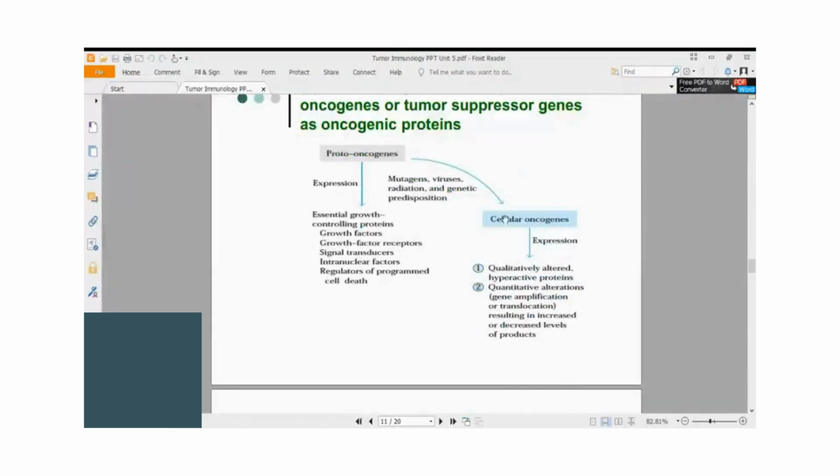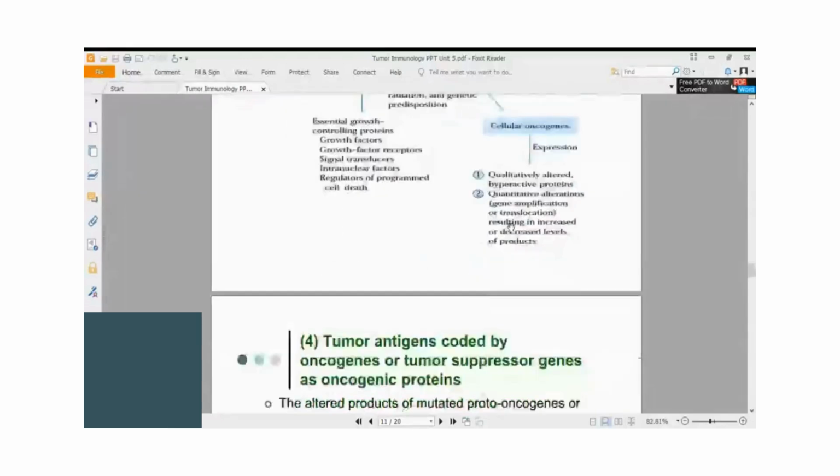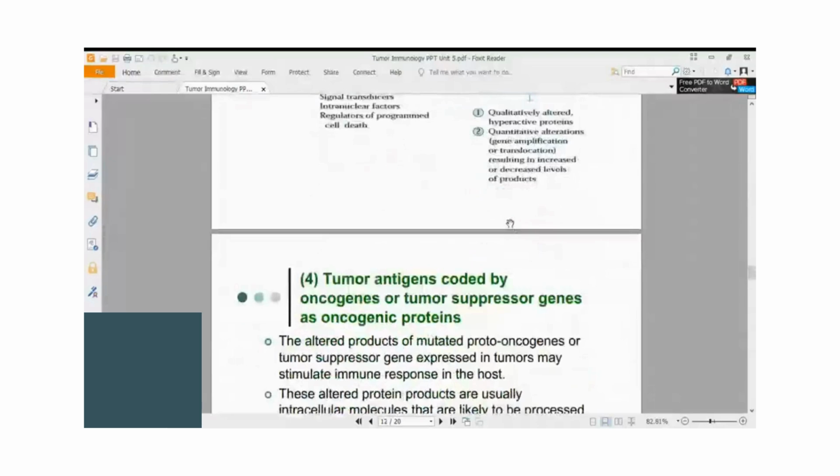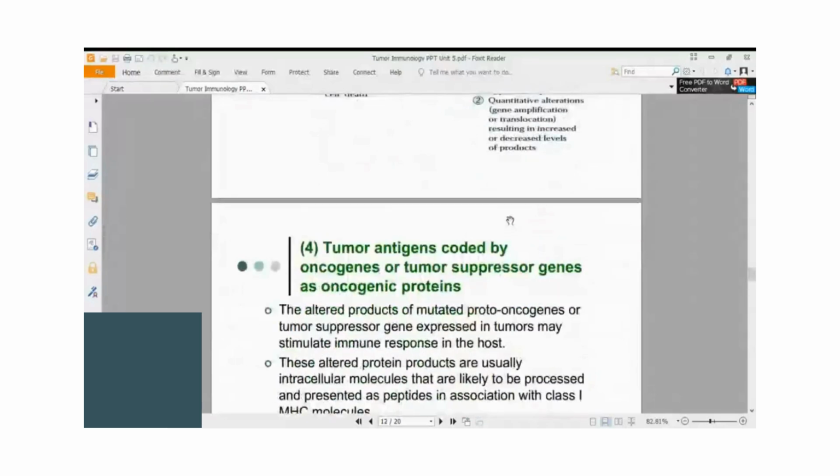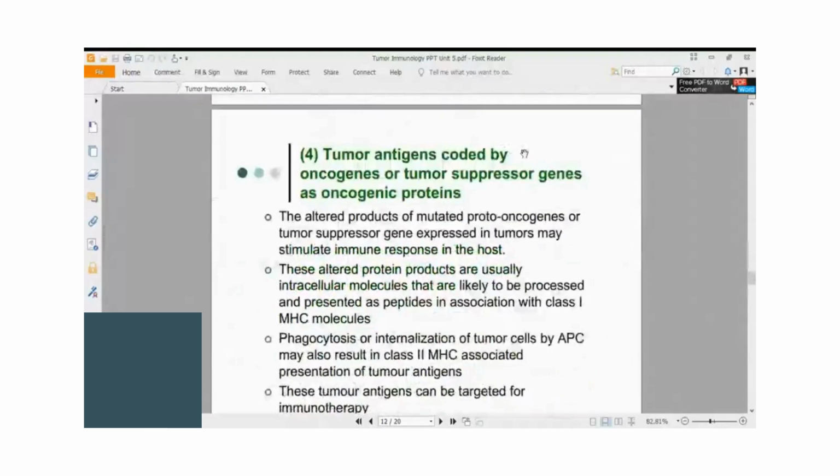But when they mutate and transform and produce different types of proteins, they initiate a T cell response, that is CTL and NK cell response. Therefore, initially, when the proto-oncogenes have undergone mutation, there will be a tremendous amount of CTL and NK cell response against these tumor antigens. And these altered proteins are going to be expressed on class 1 MHC as the micropeptide.